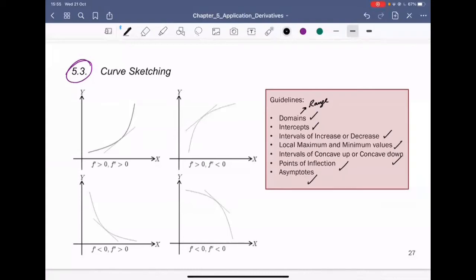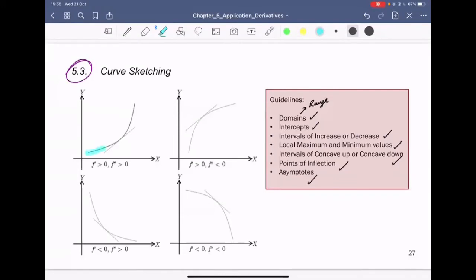I'm going to show you the real example in 5 minutes. But before we look at the real example, let's look at the behavior of the graph first. It is possible that you're going to have 4 types of curve.